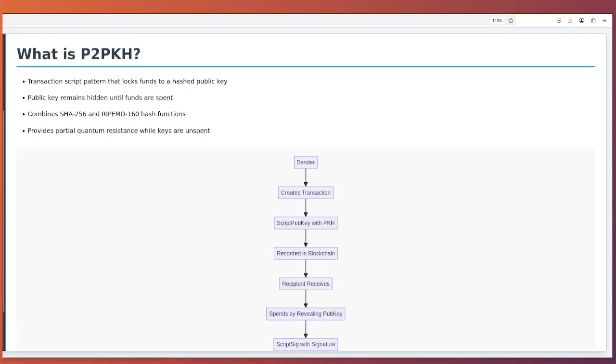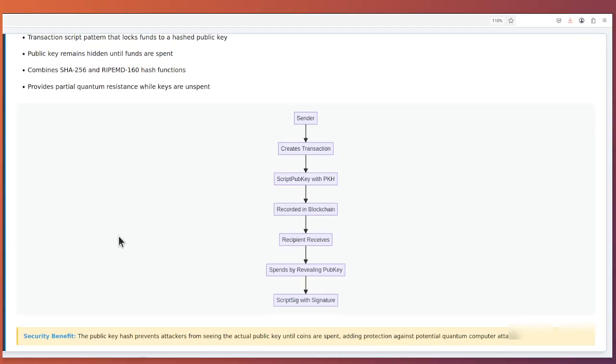What is P2PKH? Pay-to-public key hash, abbreviated as P2PKH, is a Bitcoin transaction script pattern that allows you to send Bitcoin to a recipient's hashed public key rather than directly to their public key. This might sound like a subtle distinction, but it has profound implications for both security and efficiency.